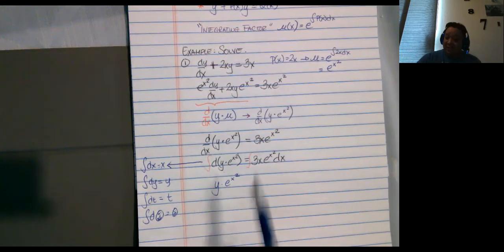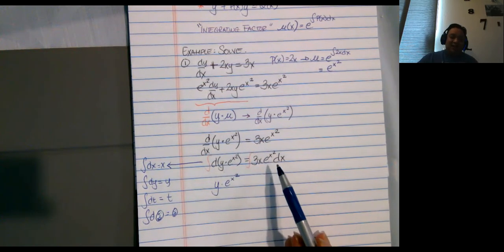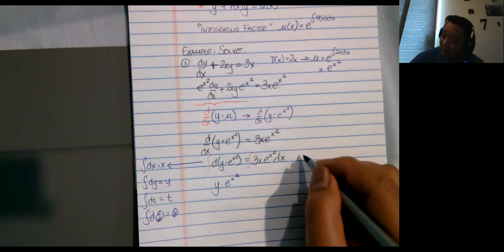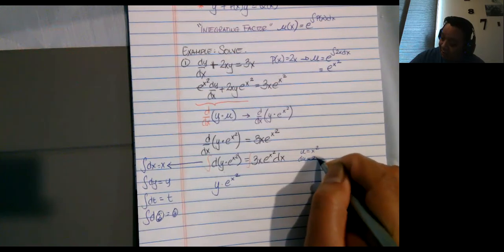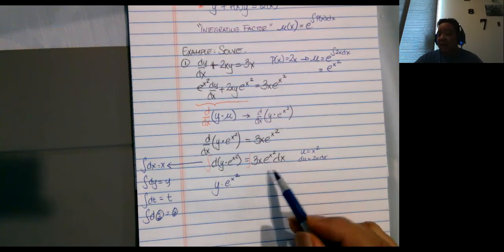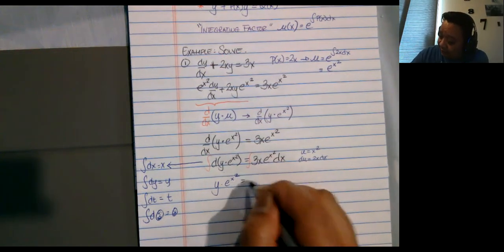So the left side is simply y times mu. And then the right side, obviously, you're going to have to go through your integrating techniques. This is a u substitution. So u equals x squared. du would be 2x dx. So you're missing a 2. So you have to put that in there, and then you have to divide by a half. In the end, you get this.